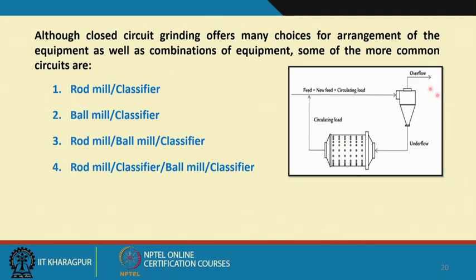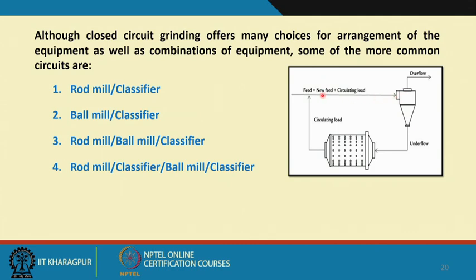This is a schematic of a common grinding circuit. Suppose you have a feed, that is your new feed plus circulating load, and why are you sending it to a cyclone? First, you want to take out the fines.